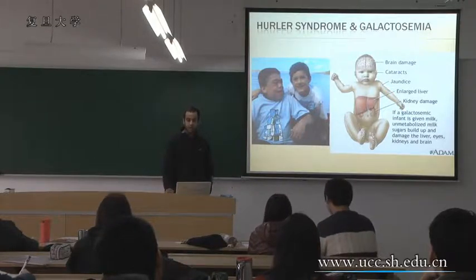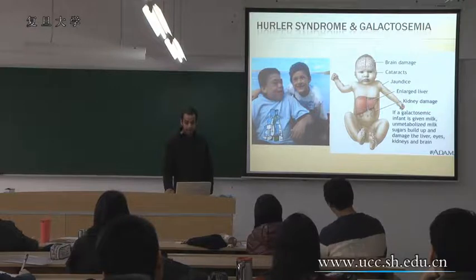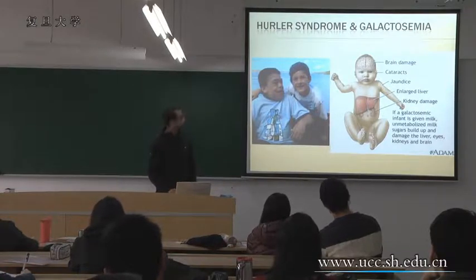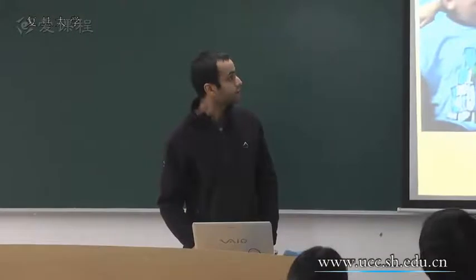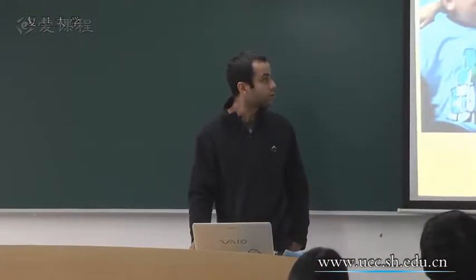It's a genetic disorder as well, and it results in the buildup of glycosaminoglycans and a deficiency of an enzyme as well, and it results in dwarfism, mental retardation, and death frequently occurs before the age of 10 if you have Hurler syndrome. And then Galactosemia is a genetic disorder as well, in the breakdown of carbohydrate galactose to glucose.